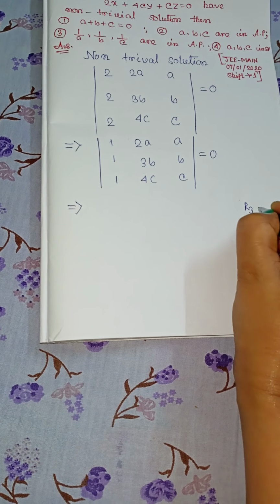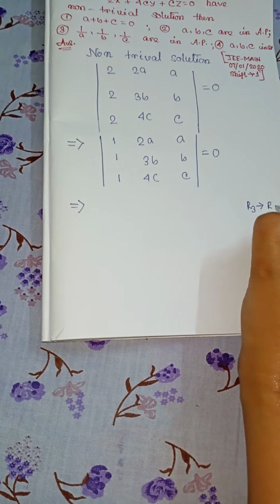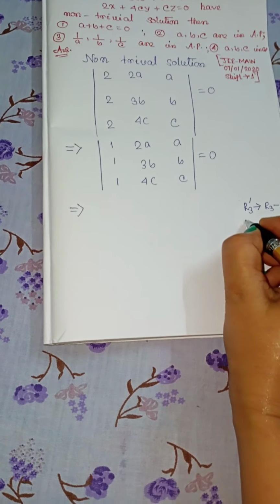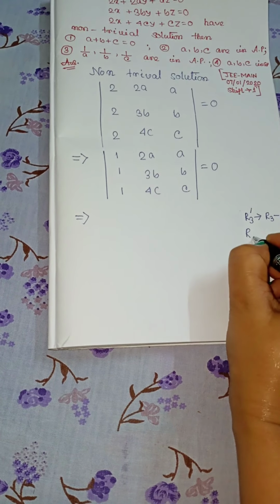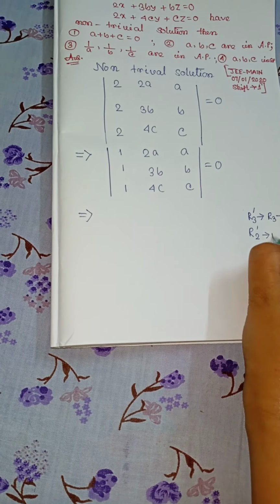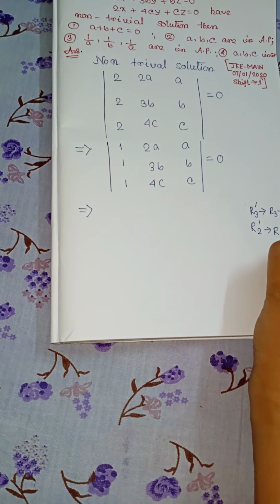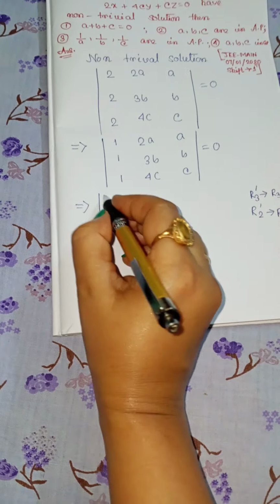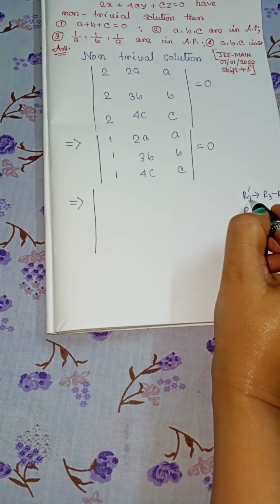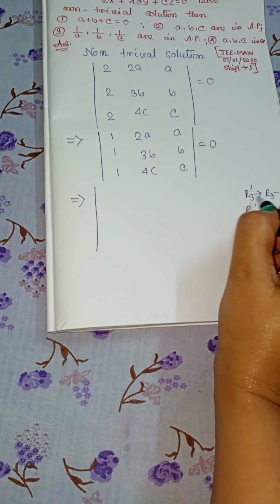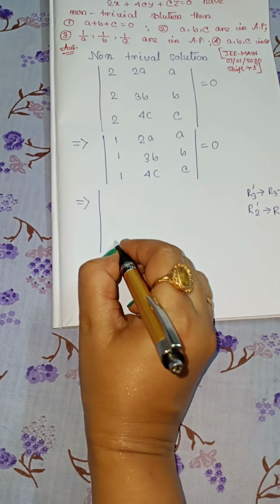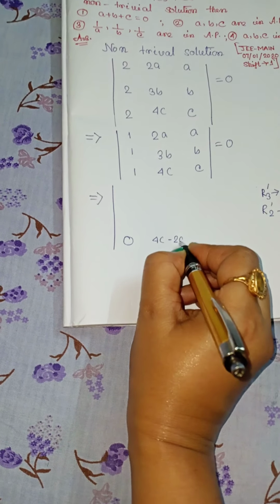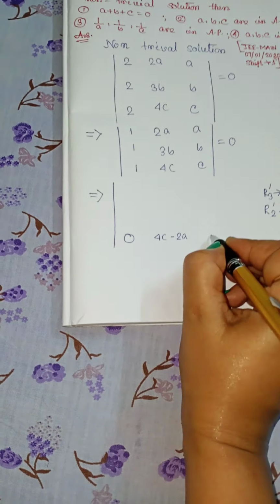Now applying new R3 dash is equal to R3 minus R1, and R2 dash is equal to R2 minus R1. So row 3 becomes 0, 4c minus 2a, c minus a.